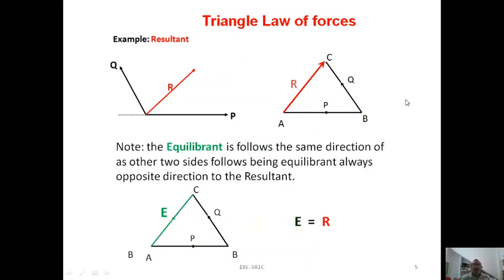Next, the triangle law of forces. In that example, we have already seen the triangle law. We make the forces the sides of the triangle.